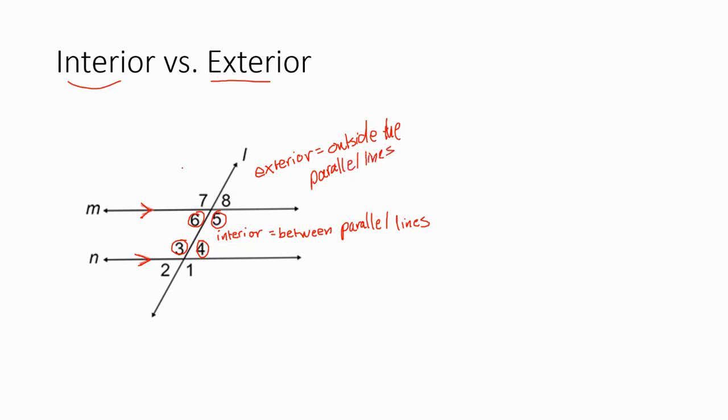In this case, angles 7 and 8 are exterior, and angles 1 and 2 are also called exterior.